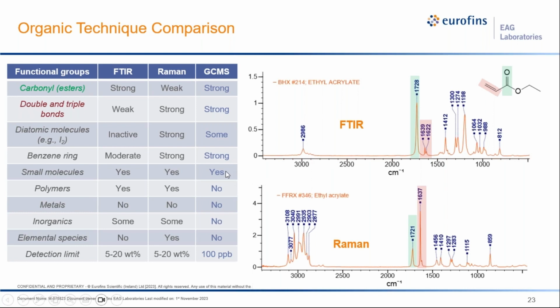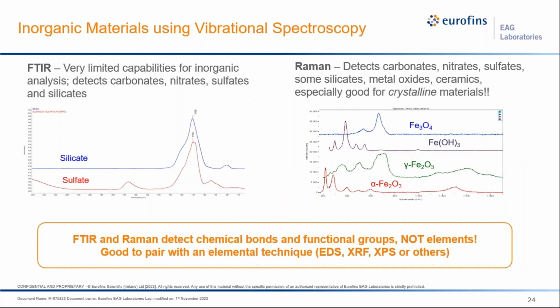So anything that can fly will be detected by GC, but anything that is bigger will not be detected. So no polymers, no metals, no inorganics or elemental species. One final note comparing these three techniques is the detection limit of FTIR and Raman is 5 to 28%, so they're not particularly sensitive. In contrast, GCMS is very sensitive and can get down to 100 parts per billion.